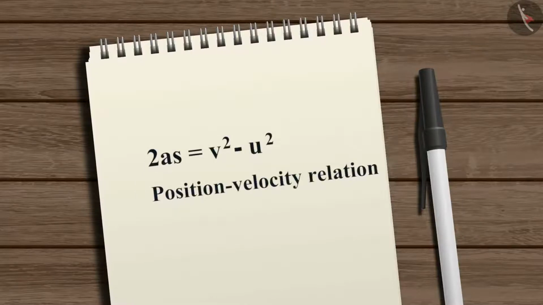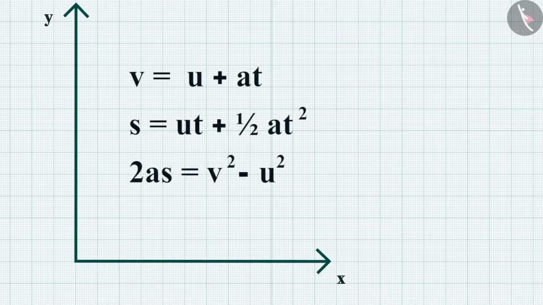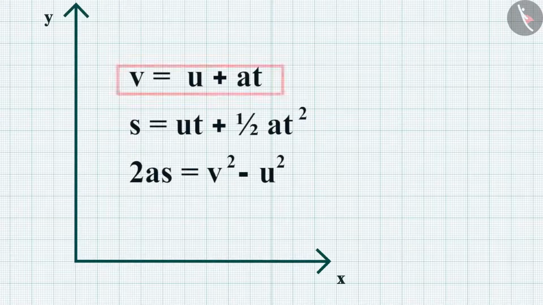The third equation, 2as = v² - u², shows the relation between position and velocity. Now, let's see how we can derive these equations of motion by graphical method. Let us start with the first equation. Equation for velocity-time relation.